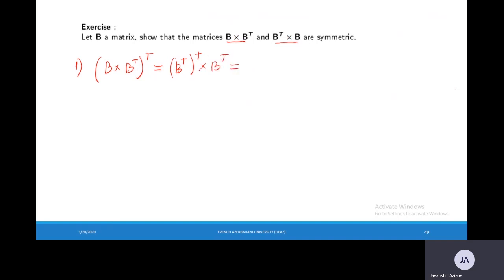You know that this is also B. B times the transpose of B. As you see, the transpose of this matrix is itself. You see, this expression and this one are the same. Because of this, B times the transpose of B is symmetric.